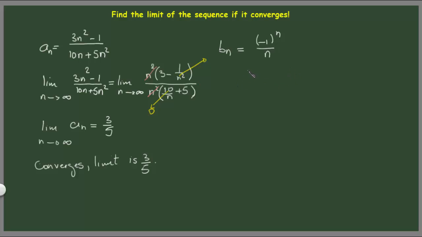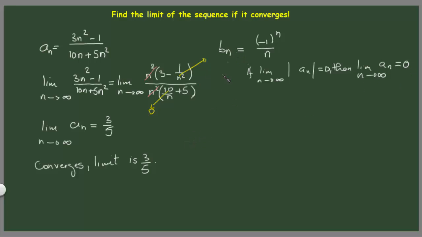We know by a theorem that if the limit as n approaches infinity of the absolute value of a_n is equal to 0, then the limit as n approaches infinity of a_n would also be equal to 0.